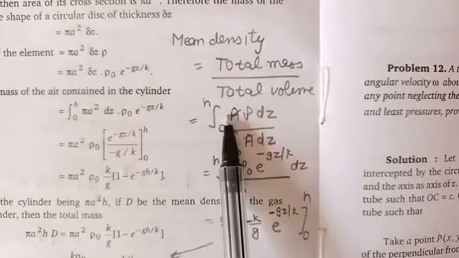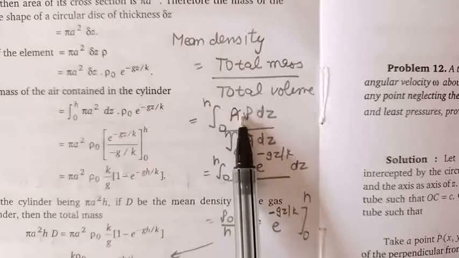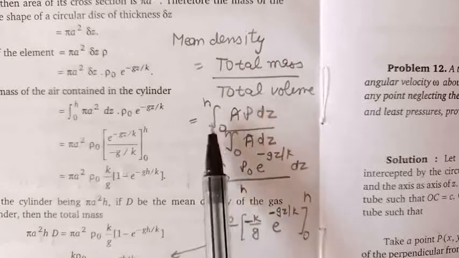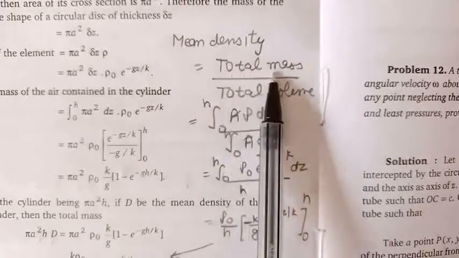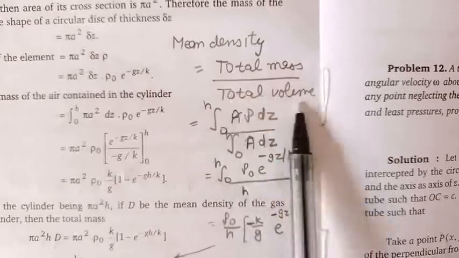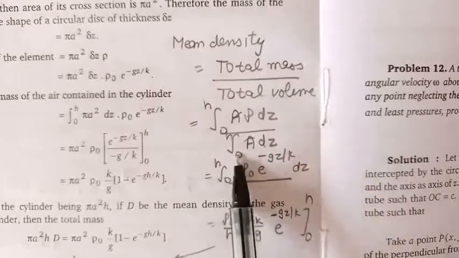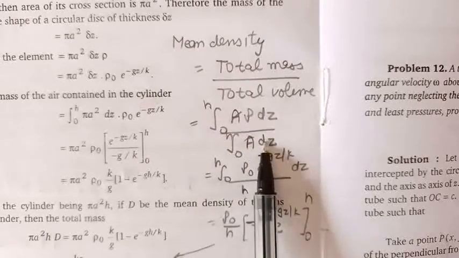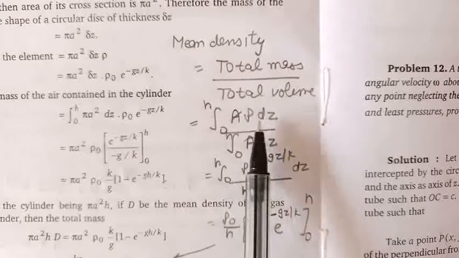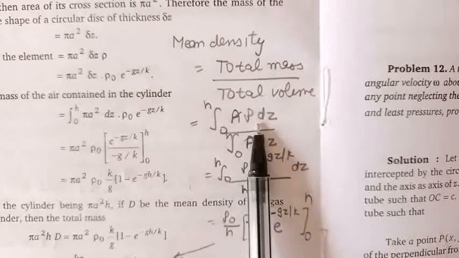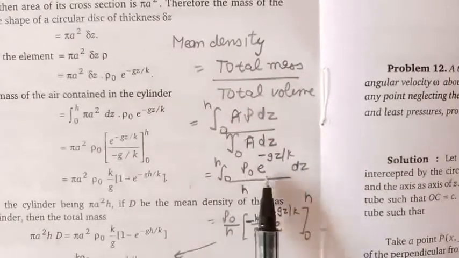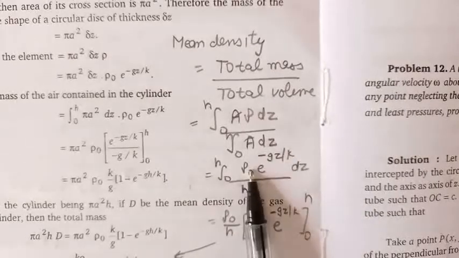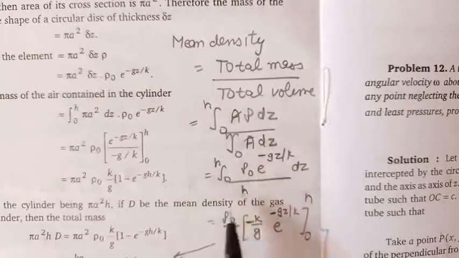A is the area of cross section, rho is the density, and so integrating this expression between the limits 0 to h, we get the total mass, and total volume is given by integral 0 to h A dz. A will be cancelled from both, substituting the value of rho here, which we have obtained, rho naught into e raised to the power minus gz by k. Rho naught is constant. In the denominator, we have h.